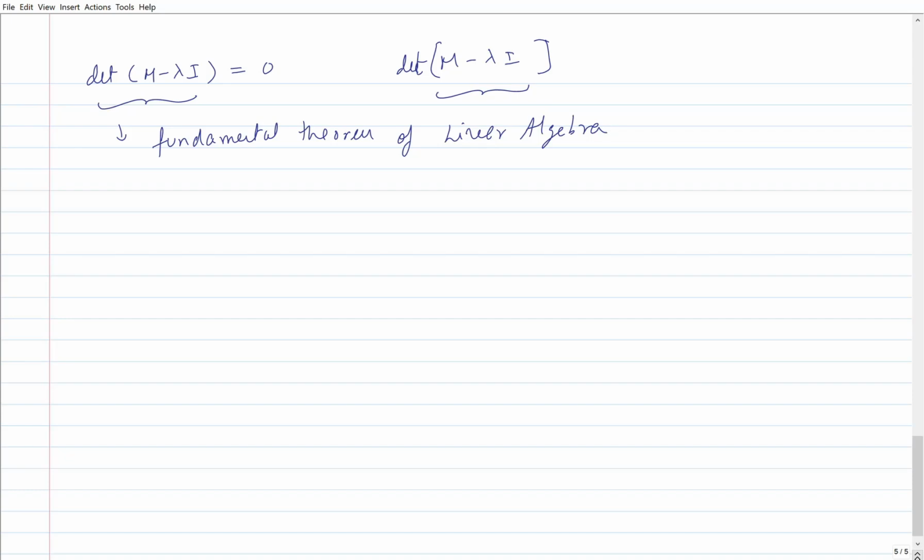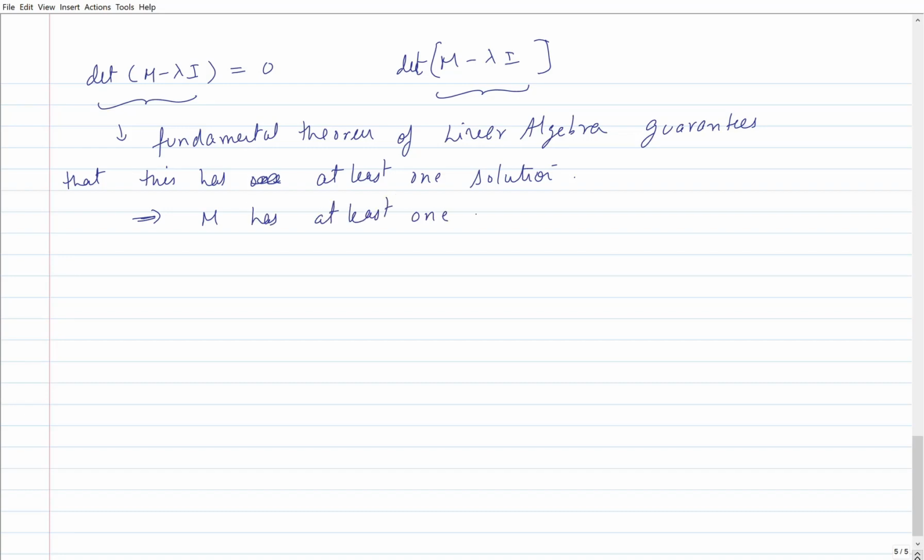So this guarantees that this has at least one solution, which implies M has at least one eigenvalue, which also implies that M has at least one eigenvector.